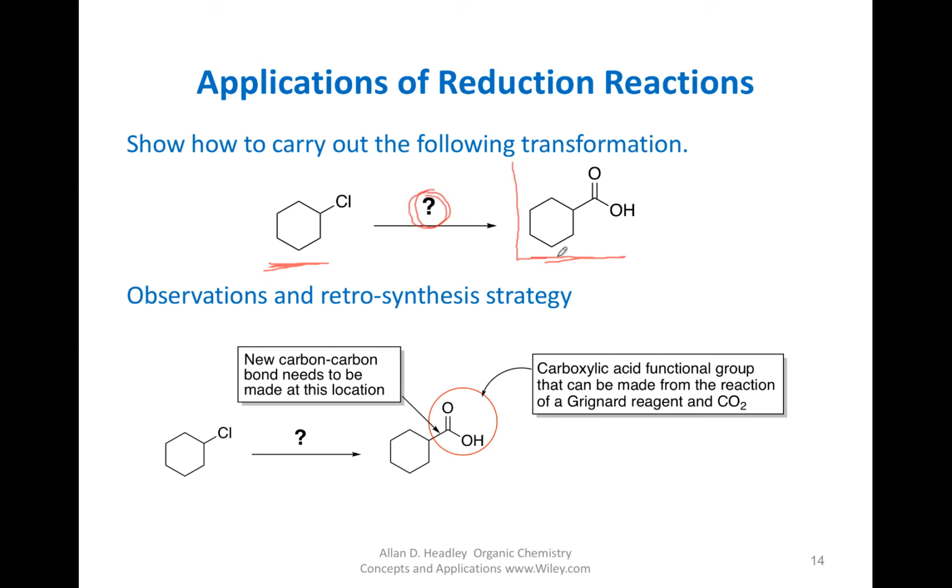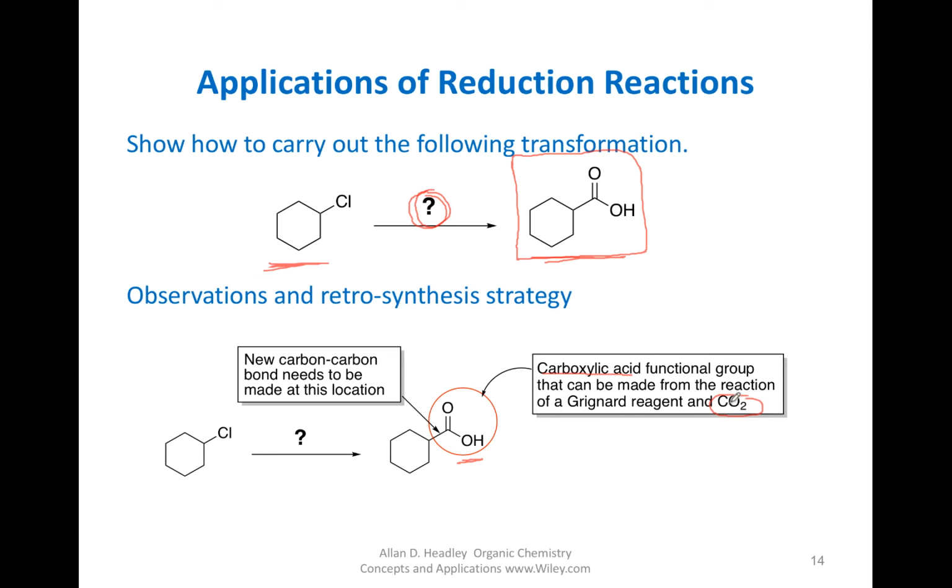So as we did earlier, carry out your observations and your retrosynthesis strategy. Let's do the observation. Number 1, this group is a carboxylic acid. So the moment you mention carboxylic acid, you should recall that you can make a carboxylic acid by the reduction of carbon dioxide, followed of course by hydrolysis.